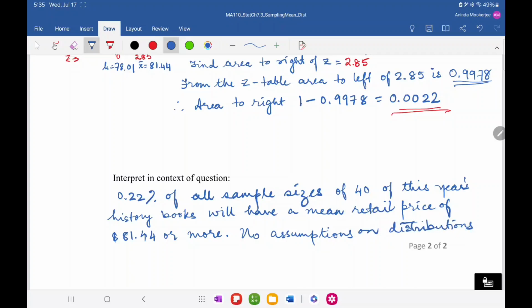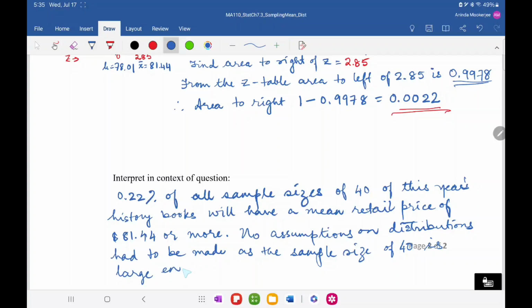Because the sample size n, the sample size of 40, is large enough to make the distribution normal. All right, so that should complete your answer.